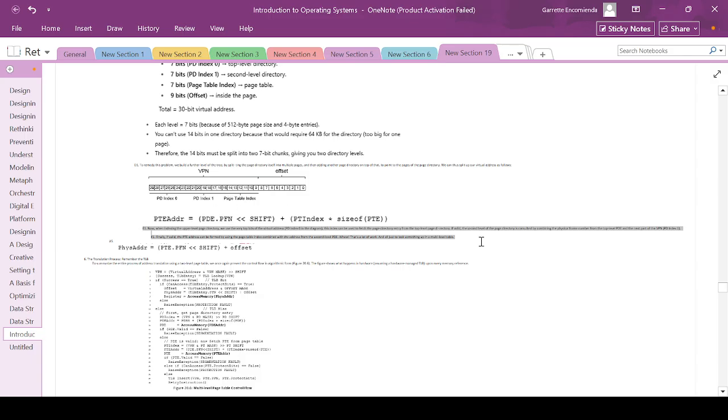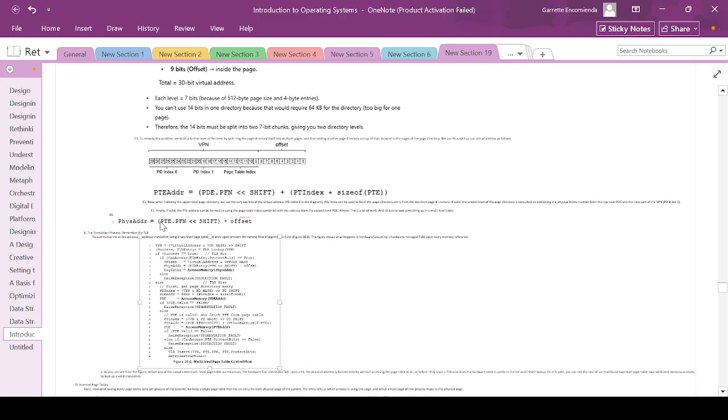If it's valid, the second level of the page directory is consulted, combining the physical frame number from the top level PDE and the next part of the VPN, PDE index 1.